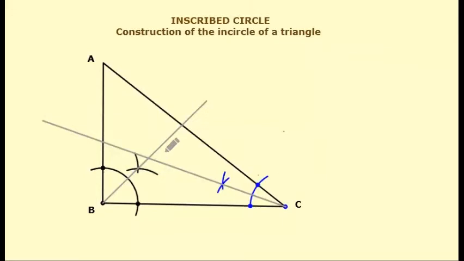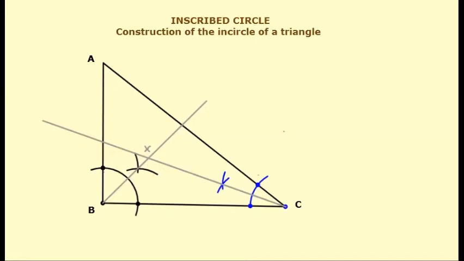Now you can see there's an intersecting point, and we will name it X for reference. From this point X, we have to drop a perpendicular to any of the sides. You can pick any side.